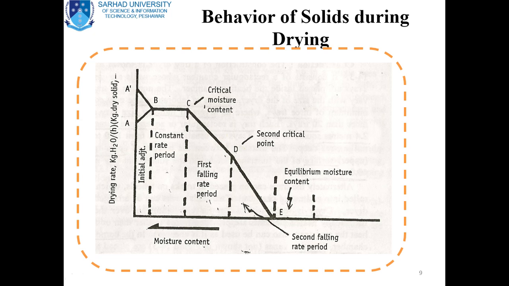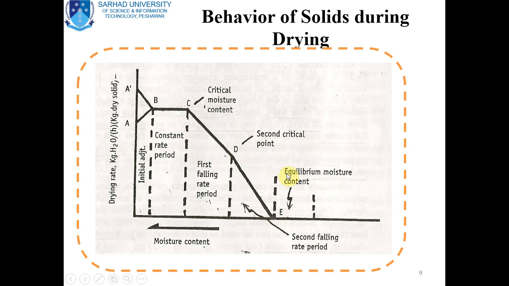This is the first falling one from C to D, and the second falling one from D to E. C is the critical moisture content, while D is the second critical point, while the point E is termed the equilibrium moisture content.